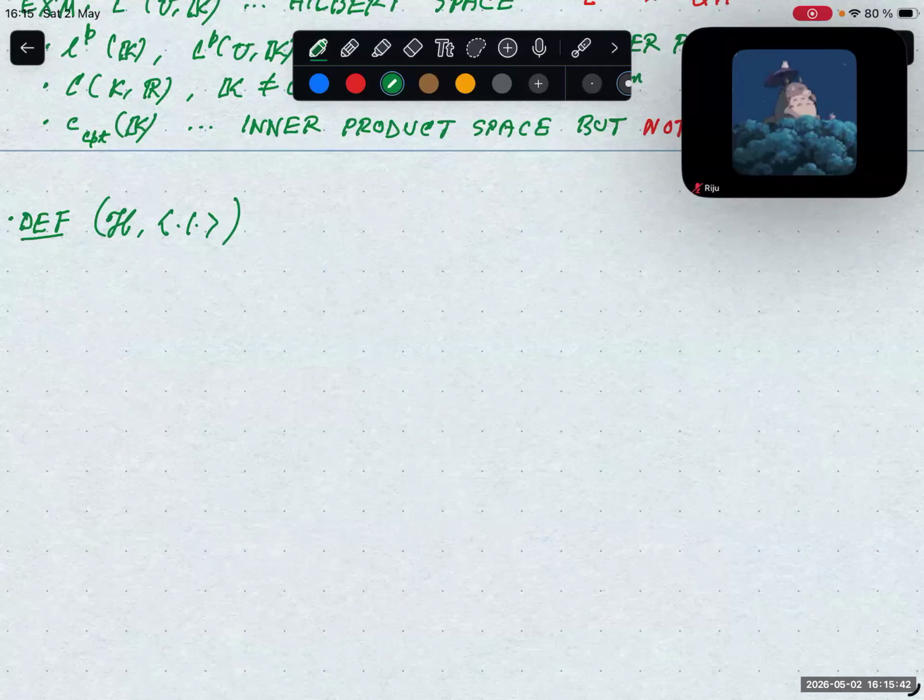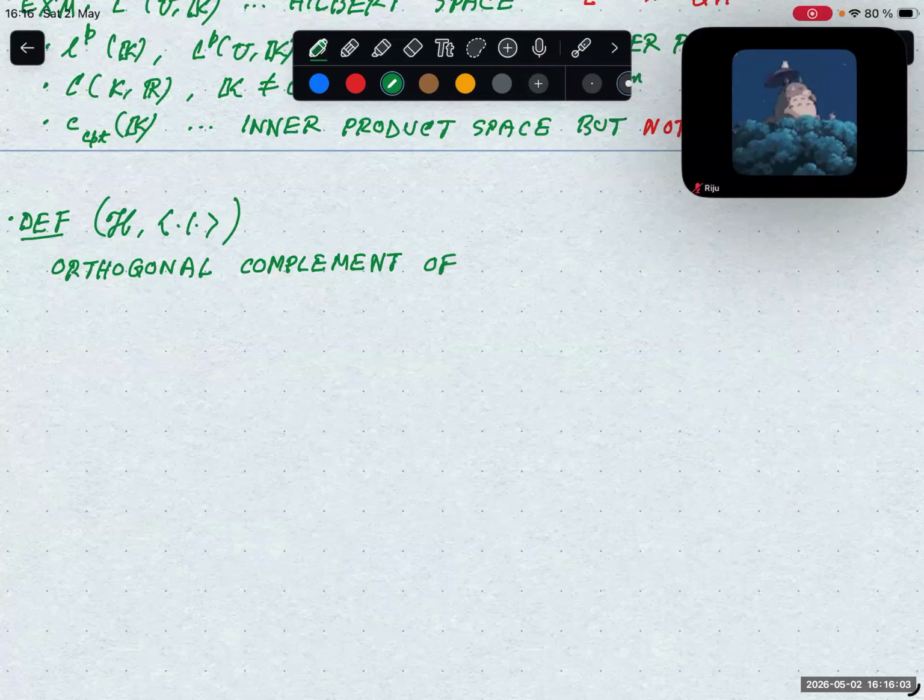And then we can define something called the orthogonal complement of a subset, say U of H. So we denote it by U perpendicular.